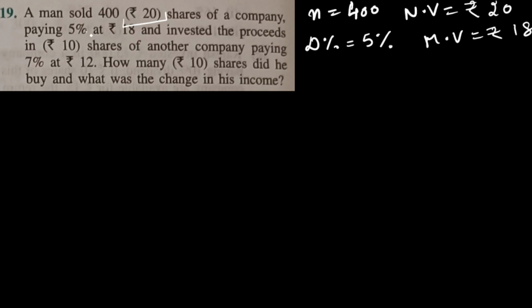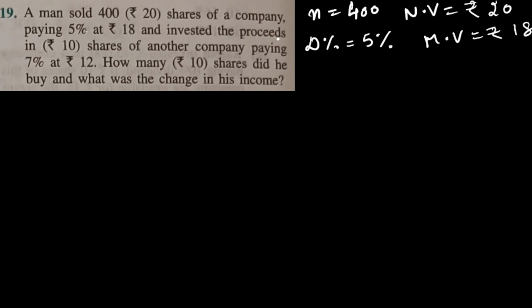Sometimes students get confused about what is given because so many prices are given, so you can remember these things. After at, if some cost is written, that is the market value.